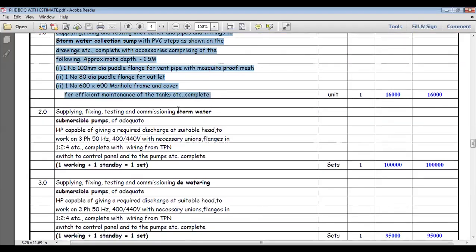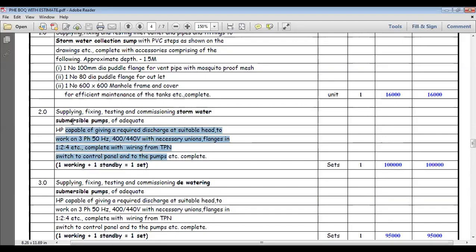For the stormwater submersible pumps: supply, fixing, testing and commissioning of stormwater submersible pumps of adequate HP, capable of giving the required discharge at a suitable head, to work on 3 phase, 50 Hz, 400 to 450 volts, with necessary guide rails, 1:2:4 etc., complete with wiring, TPN switch, on/off control panel, etc., one working and one standby.